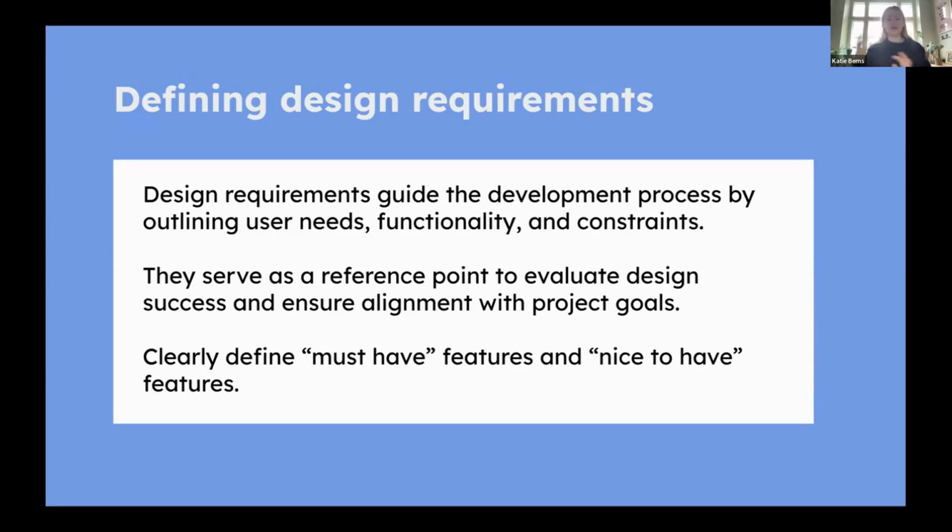So we understand the users, we know what's happening. How can we translate this into something that we can actually produce, something that we can actually design for? And they serve as a reference point of how to carry out the design, what features we're going to have, but also as a point for later on to evaluate the design success and understand, okay, have we really hit the points that we needed to hit?